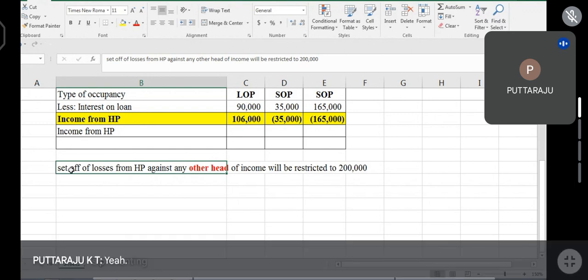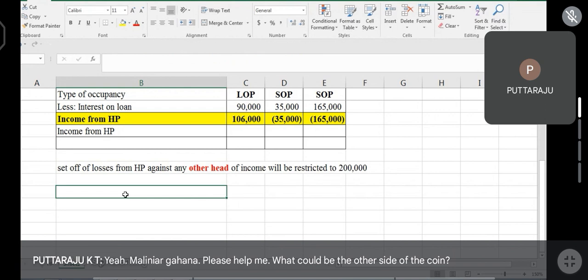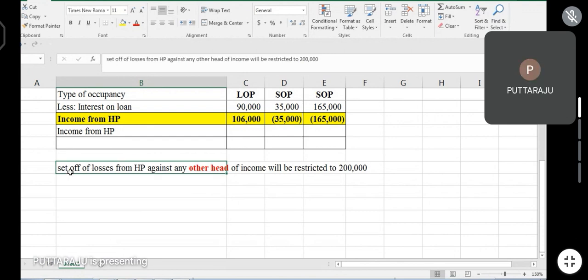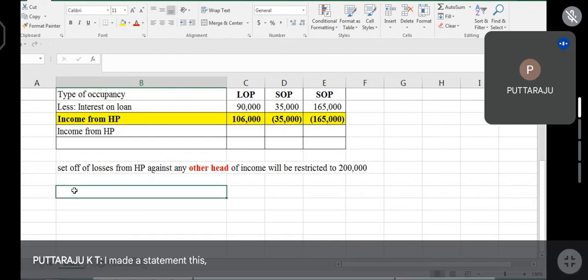Malini or Ghana, please help me. What could be the other side of the coin? I made a statement. This is the provision. What could be the other side?